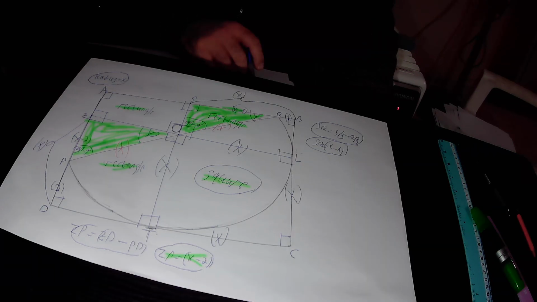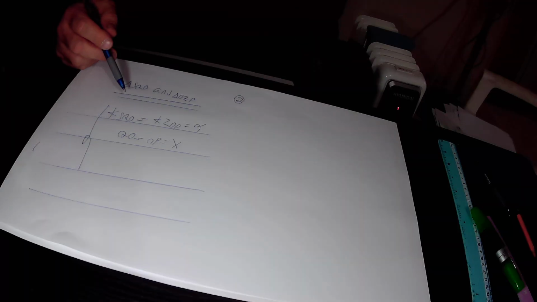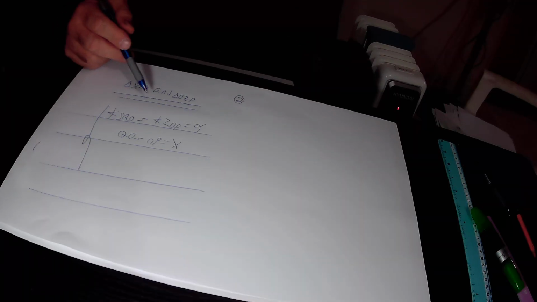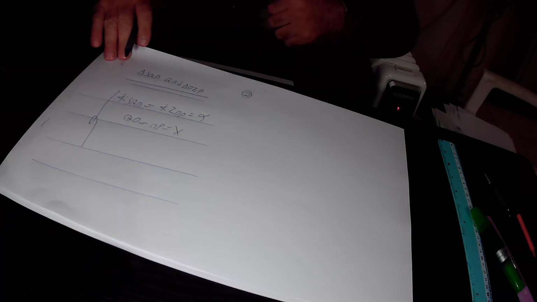Again, we should find out that side QO of the green upper right triangle SQO equals side OP of the green lower right triangle OZP. They are both equal to x, they are both radii of the semicircle, and therefore they are equal to each other.